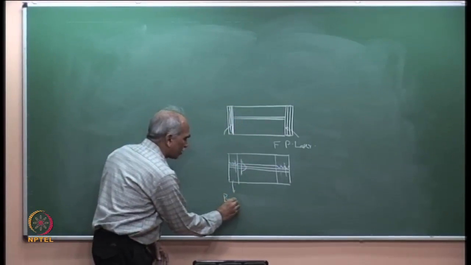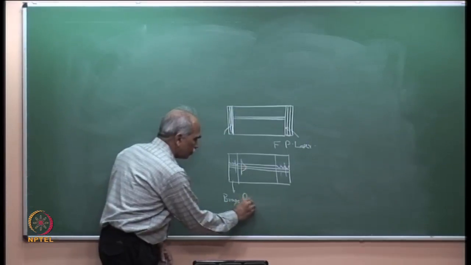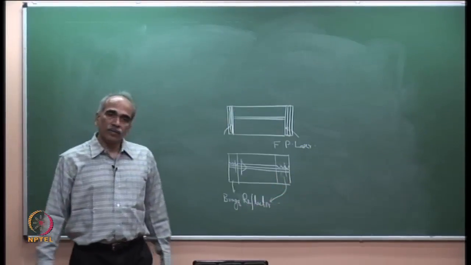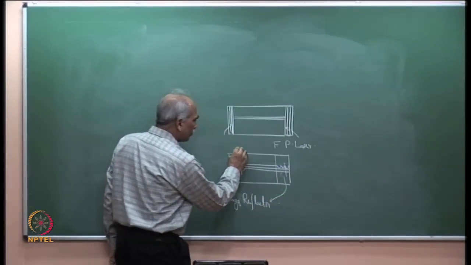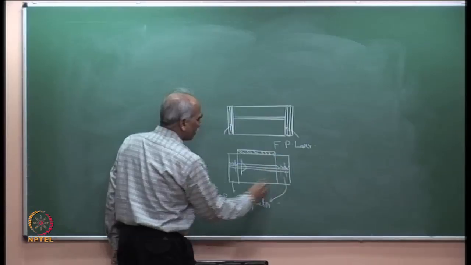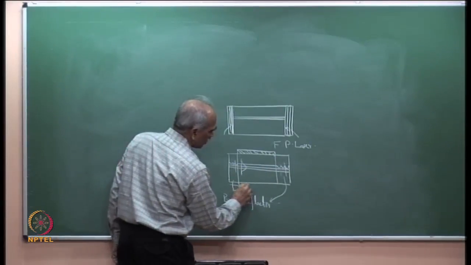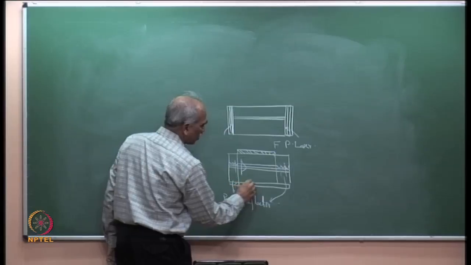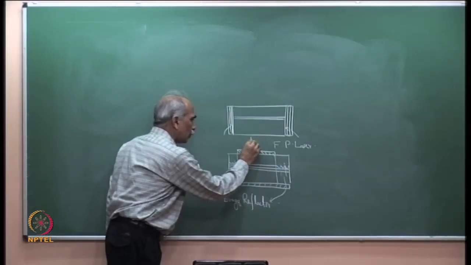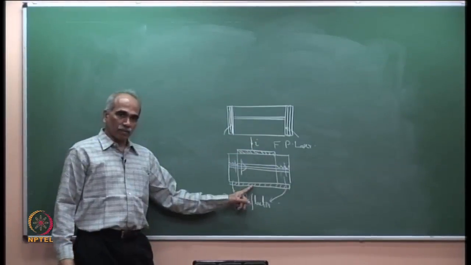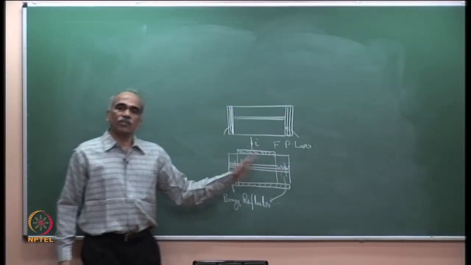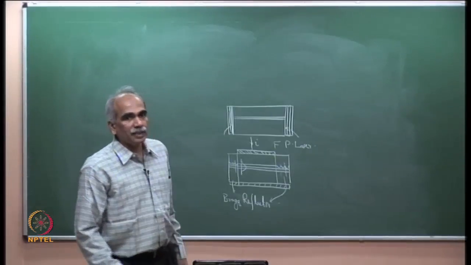So, these are the Bragg reflectors at the two ends, and the gain providing contact electrode is only here. The current is flowing through this region, current is not flowing through this region. This is the structure of a DBR laser.